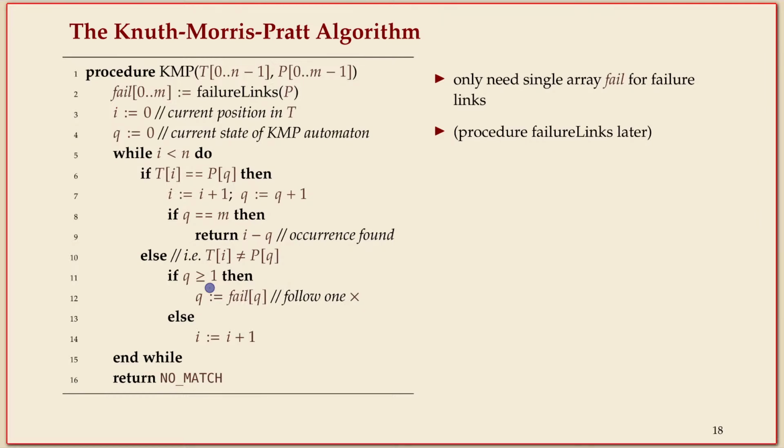So that smells like it could be n times m worst case. Back to where brute force was. That would be terrible. Now, maybe you already have a hunch that this can't happen all the time because failure links bring you back. And you can't always walk back if you have never walked the other direction. That would be the solution at the end for the analysis. But to make that formal, I'll need a few more minutes. So let's postpone that for next week.